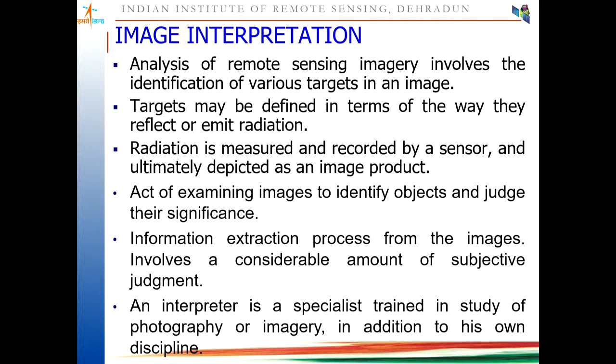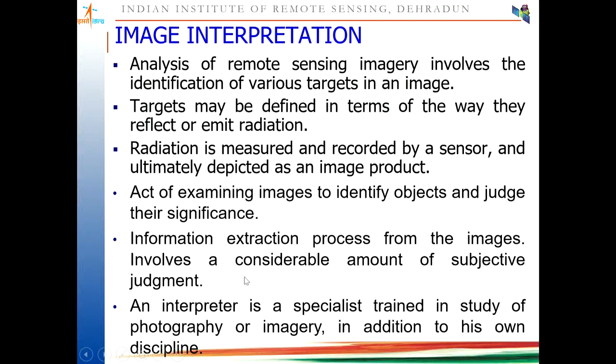So we can say that the act of examining these images to identify those objects or target features and then to judge what their significance is would be called image interpretation. We could also say that it is an information extraction process from the images, and the visual process of information extraction, or the manual process of information extraction, that which we will be discussing right now, involves a considerable amount of subjective judgment.